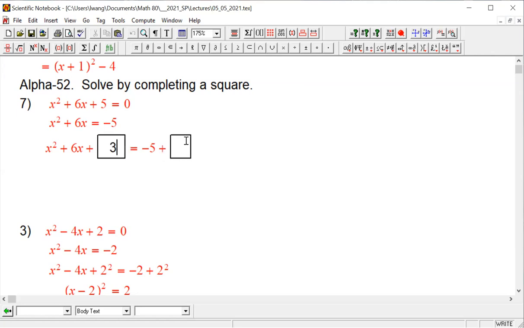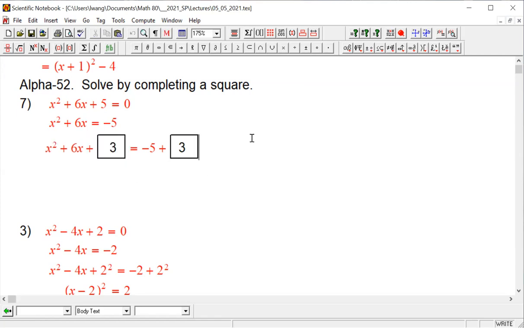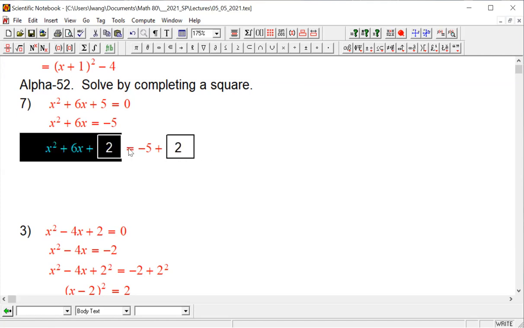If you add a 3 and you factor the left-hand side, does it make a perfect square? If you add a 2, does the left-hand side, if you factor, make a perfect square? That's the question we're asking.